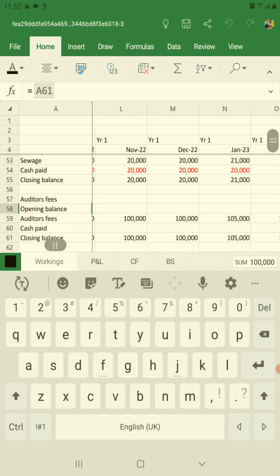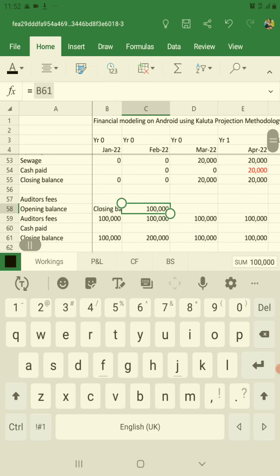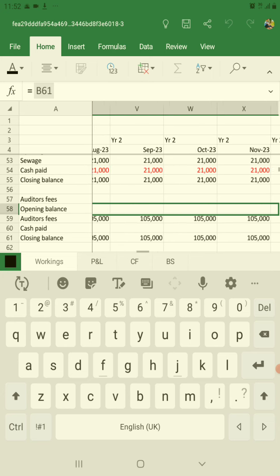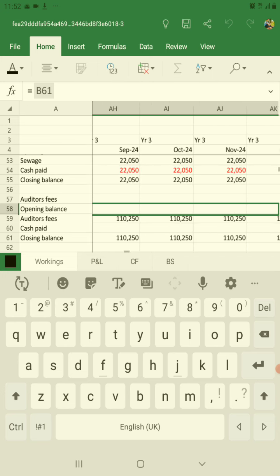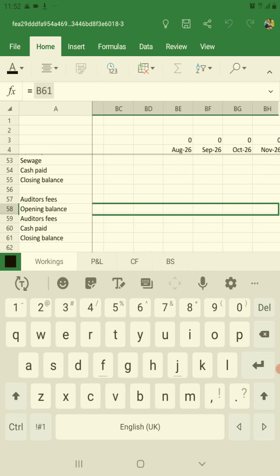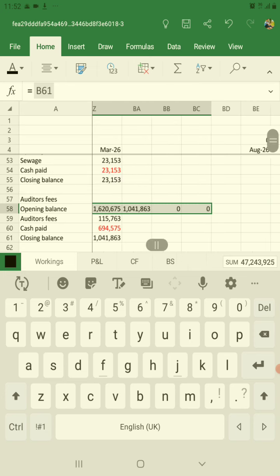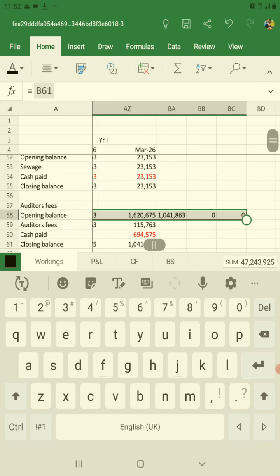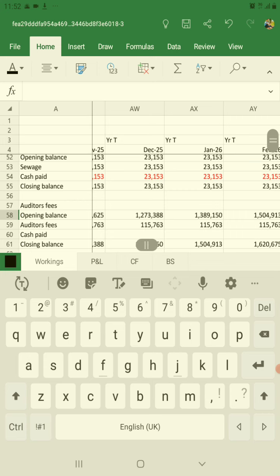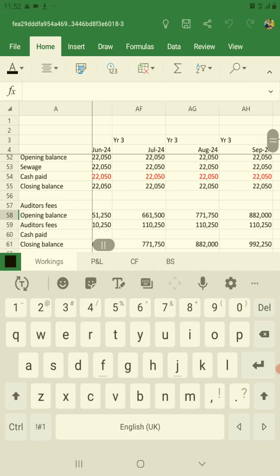Oh, it has not been taken. So let me fill it again. Okay, up to there. Let me select these and delete, clear, they are not needed. So this is how our modeling for auditor's fee.